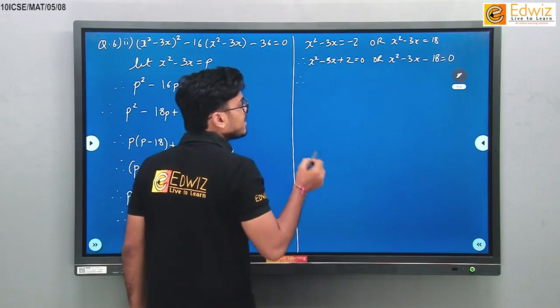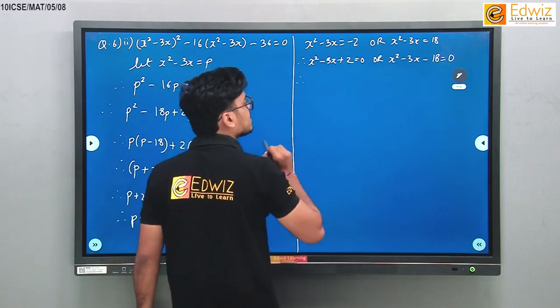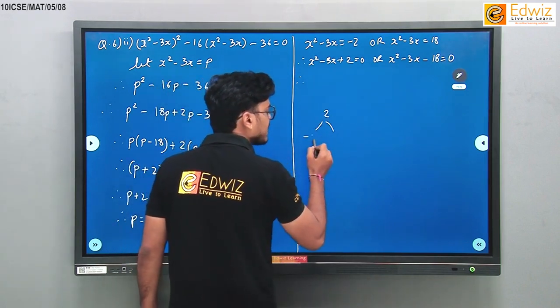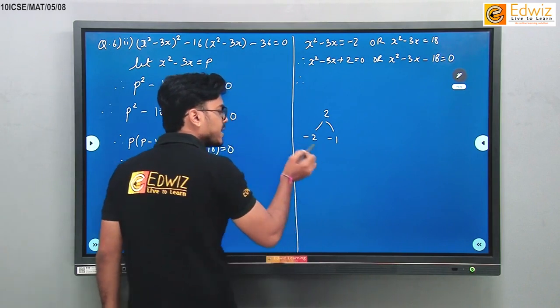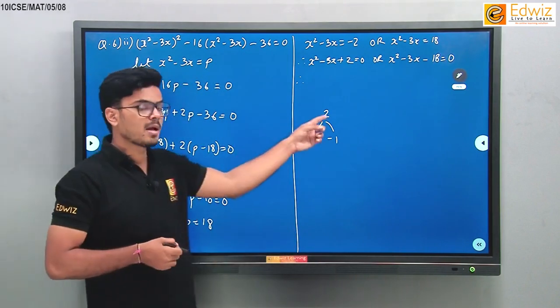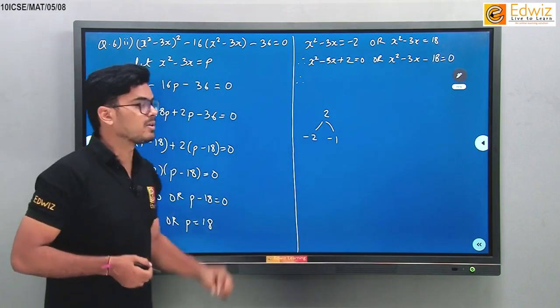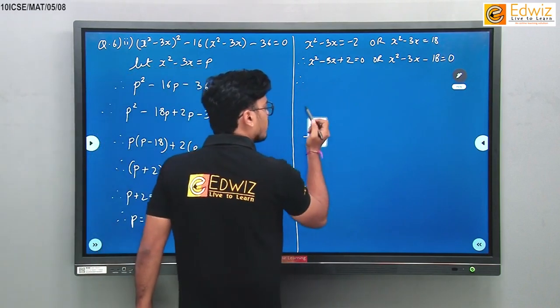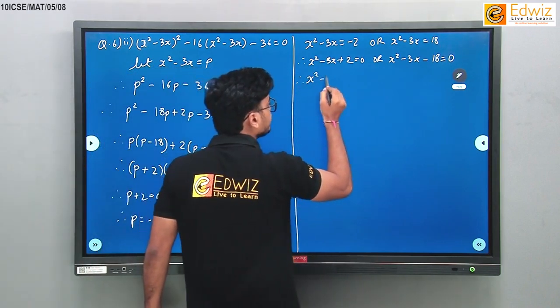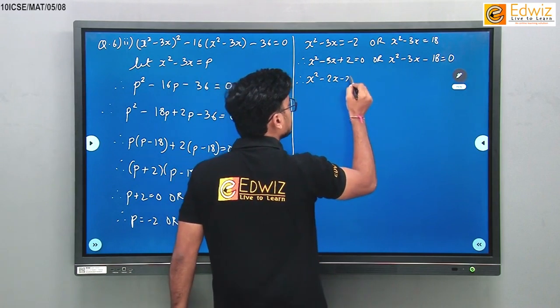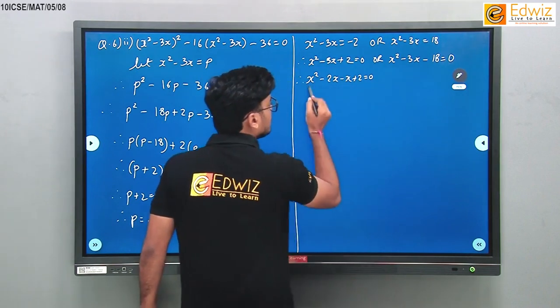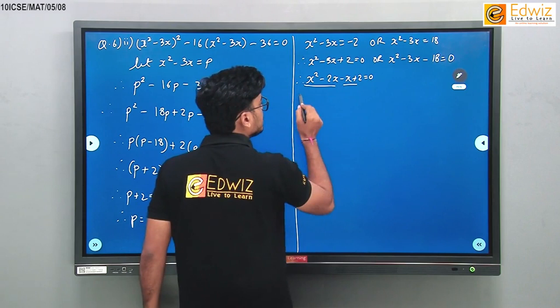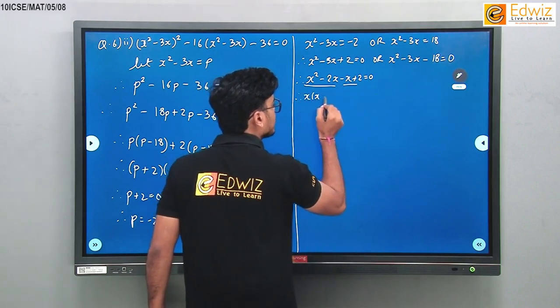Factors of 2 such that the sum of the factors will be minus 3. So the two factors of 2 can also be minus 2 and minus 1, because multiplication will be positive 2 and when we add them, minus 2 minus 1 will become minus 3. Okay, so let us use this: x square minus 2x minus 1x plus 2 equal to 0. In these two groups you can see x is common here, so x minus 2.